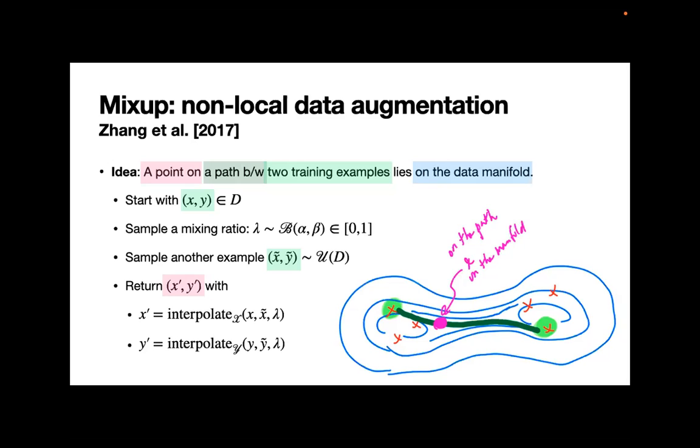And then I'm going to sample another example. So let's say I pick this one as the original one. I pick another one. Now I have a path. I'm going to pick the point according to the mixing ratio, and then say that that is going to be a new example that I'm going to augment my training set with. All we need to do is to figure out what this path is and then how we actually sample from that path.